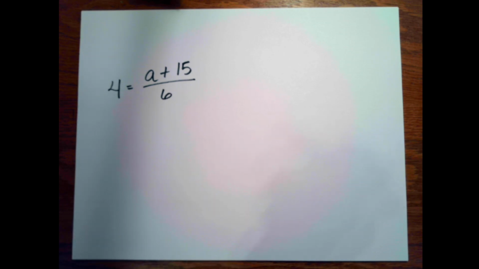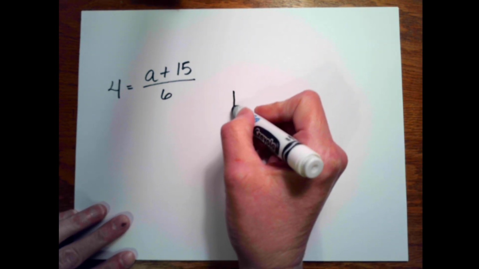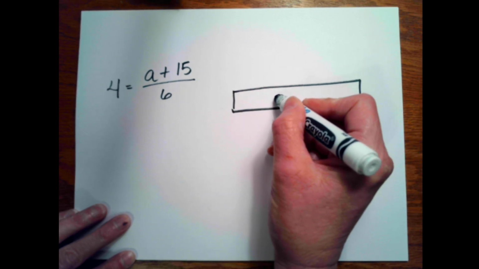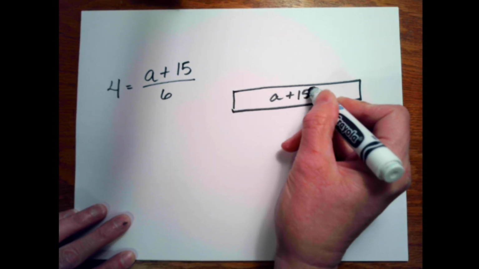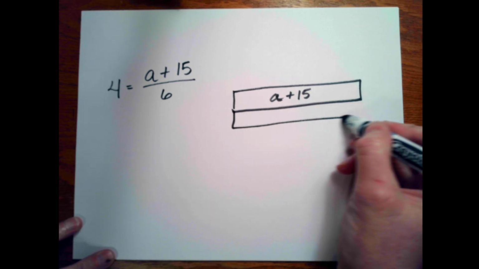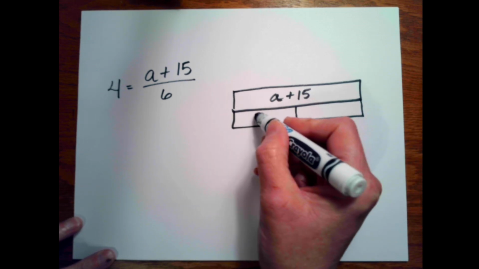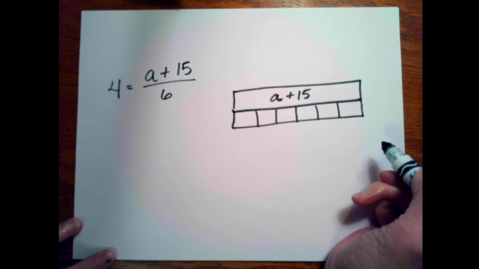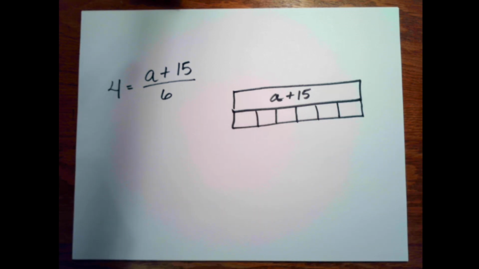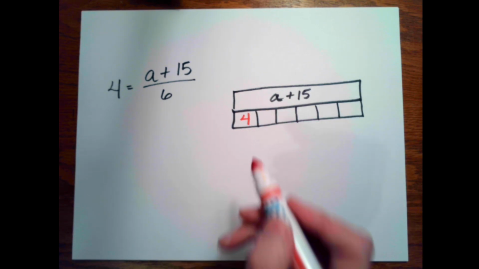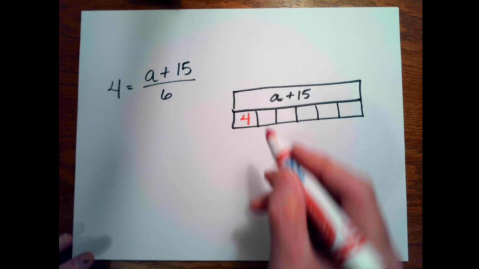So students can then start to say, you could still build it, but they could also draw, and they could say this box is going to represent A plus 15. And I know if I divide that into 6 equal parts, and we're not going to get too picky about the size, then each one of those is 4. So how do I find the value of A plus 15?